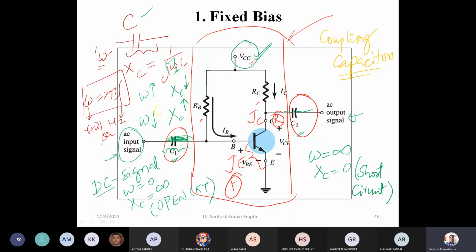So for the fixed bias circuit, let us look at how this VCC is able to generate the voltage required to forward bias the emitter junction and reverse bias the collector junction, and how to analyze this particular circuit.